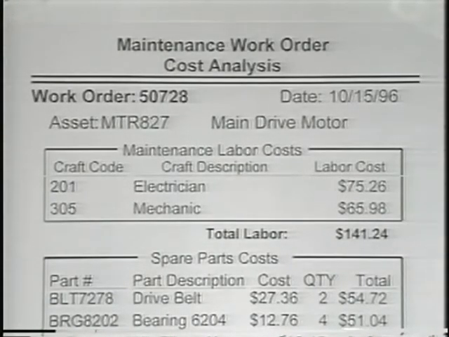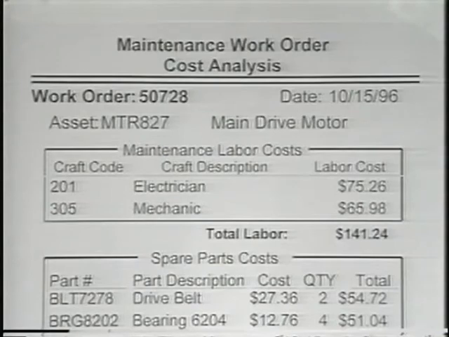These costs are going to be shown on 2 separate screen formats. The first screen format identifies the work order, and this is for work order 50728, and the date of the work order is October 15th, 1996. We have the asset number, which is MTR 827, and it is a main drive motor.